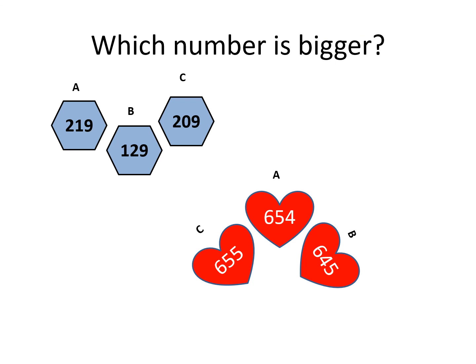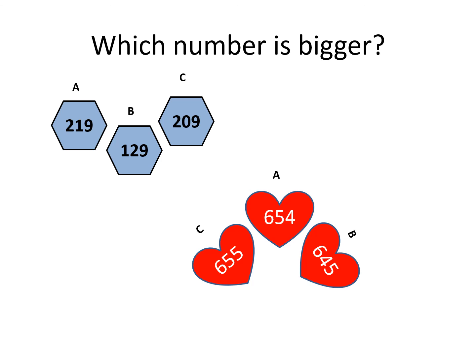This is more example. Okay? Which number is bigger? For the blue color, you look at A, B, and C. Exercise for you to answer. You can write down the working in your book to find the answer. Which one is bigger? A, 219. B, 129.